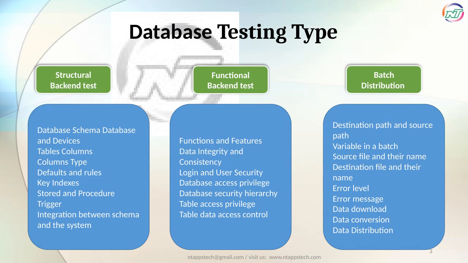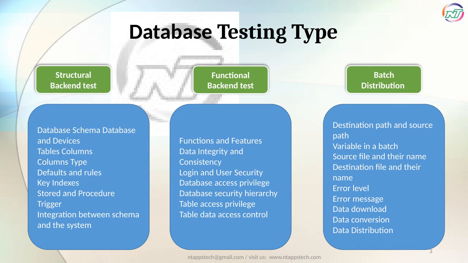When testing databases, it's important to focus on several key areas to ensure everything works as expected. First, we look at the database schema, which includes tables, columns, their types, default values, and rules that apply to them. We also verify keys and indexes, along with stored procedures and triggers that automate certain operations.